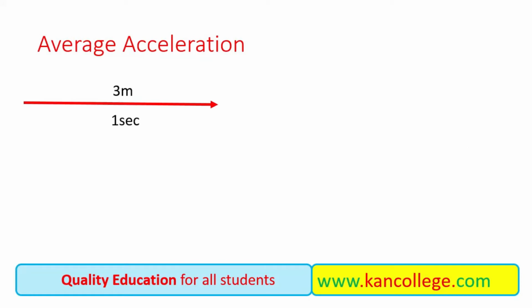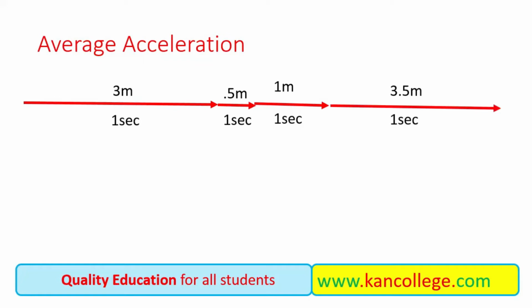Average acceleration. What is average acceleration? If the body is not increasing its speed uniformly in equal intervals of time, for example, in the first second the body has a velocity of 3 meter per second, and in the next second the velocity of the body is 0.5 meter per second, it means speed slows down, and then it increases its speed to 1 meter per second, and then in the next second its speed further increases to 3.5 meter per second, then we can say that the body is not moving with a uniform velocity.